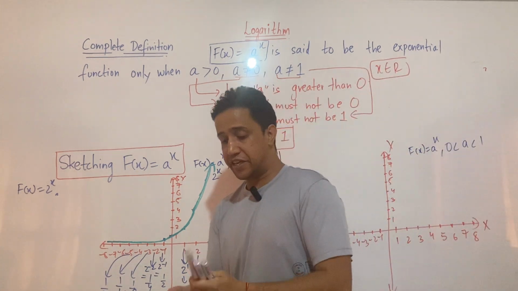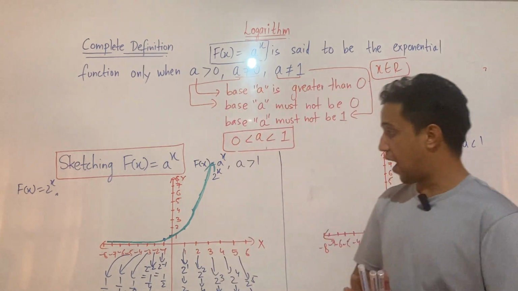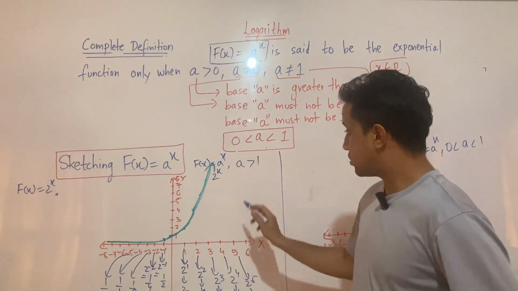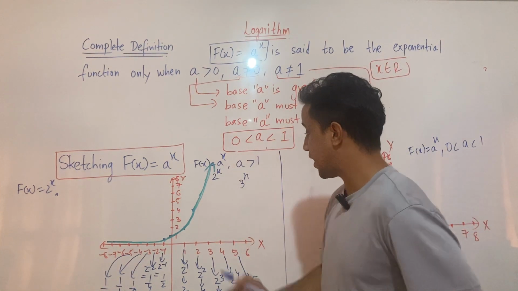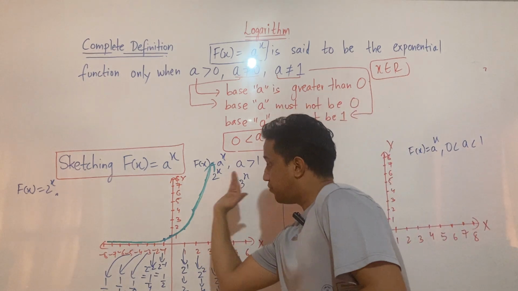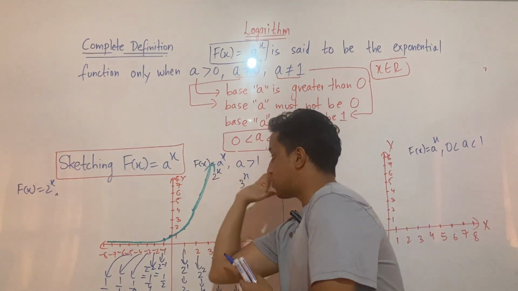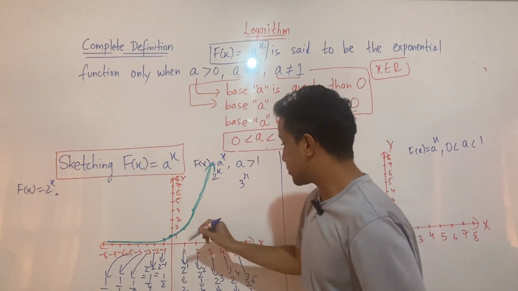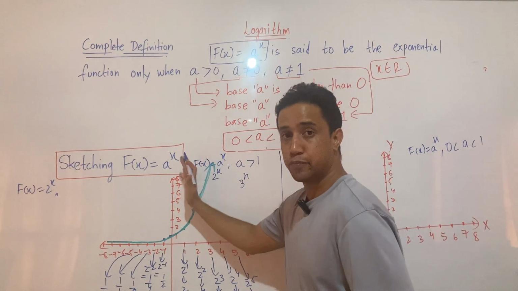Now here, a very interesting observation. If you sketch the graph for 3^x, then the part on the right, the values on y, will get steeper. And if you go for 5^x, it will get even steeper.